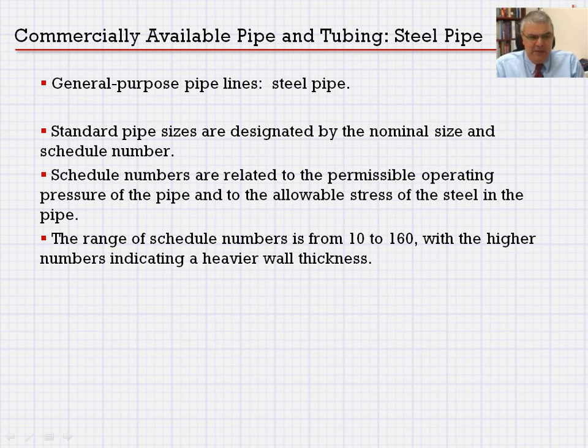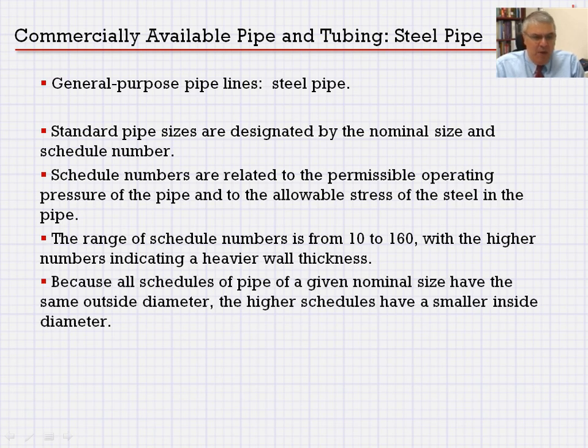The range of schedule is between 10 to 160. Again, the schedule numbers are related to the permissible operating pressure of the pipe and the allowable stress of the walls of the pipe, the steel that is used in building a steel pipe.